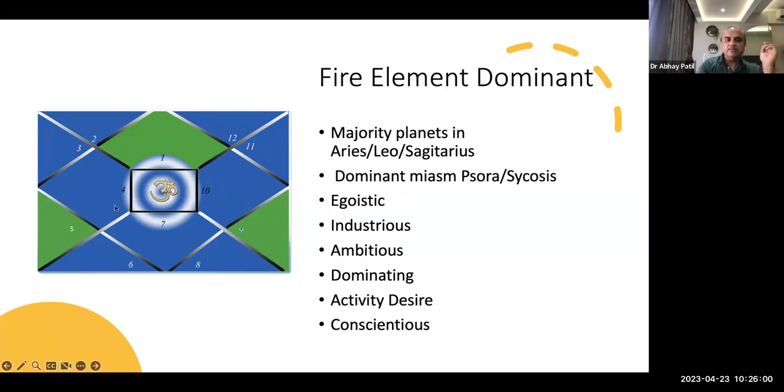So 1, 5, 9. So now this 1, 5, 9 can be anywhere in the chart. But if you have got majority planets in Aries, Leo, or Sagittarius, means that you have got fire element dominant. So how is your personality going to become?